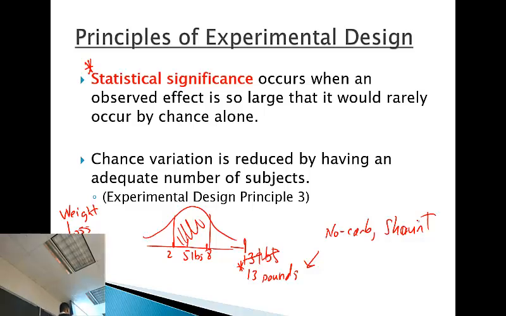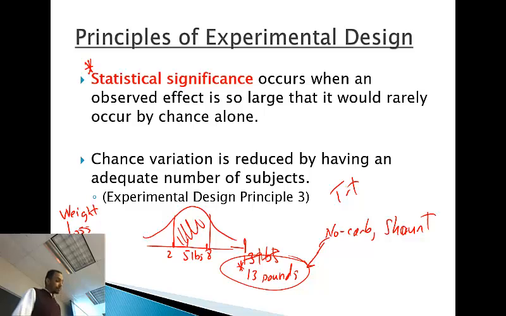And that's what experimental design hopes to do, is say, okay, we have statistically significant results as a result of one of our treatments. And then you publish a journal article, and Sean Teague is very proud of you.